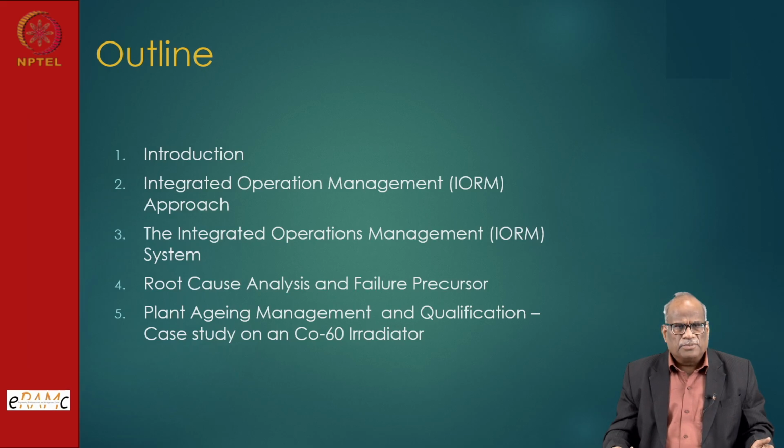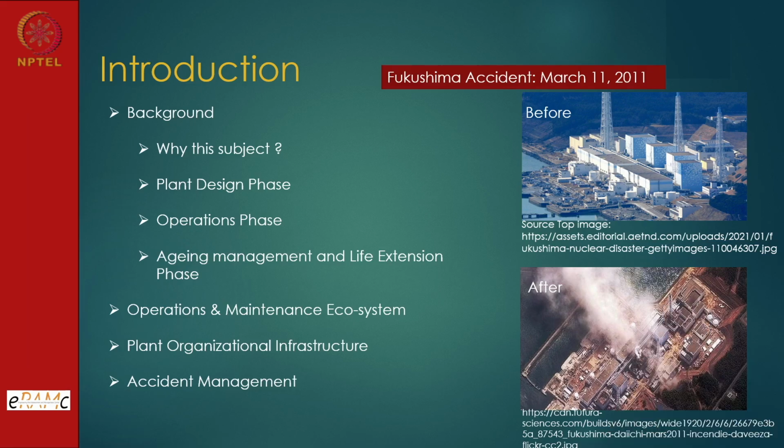So we will see the 5 modules, and let us see why we are studying this subject in the first place. After the plant is designed and put into operation, this becomes a very important phase of almost 40 years, and its operation should be smooth, event free or accident free, because every accident has a big liability and consequences.